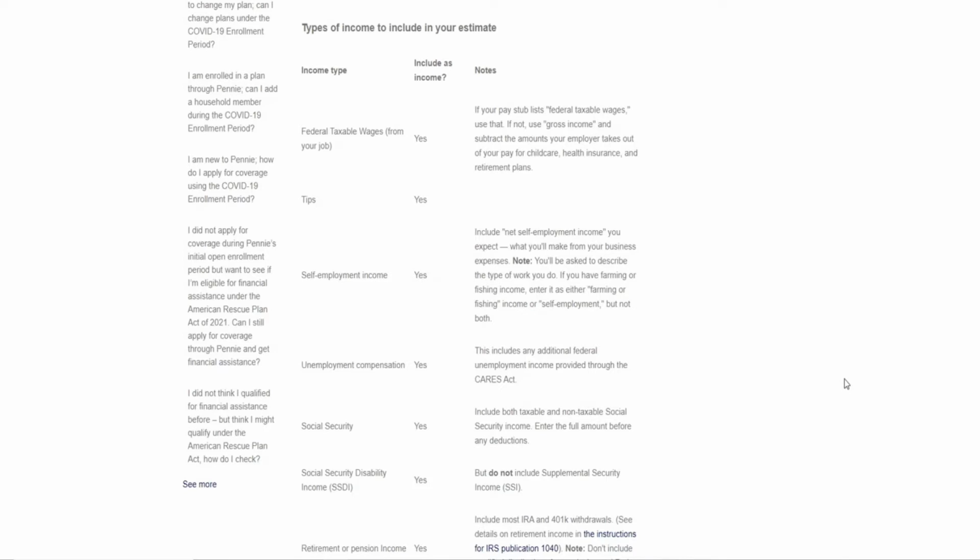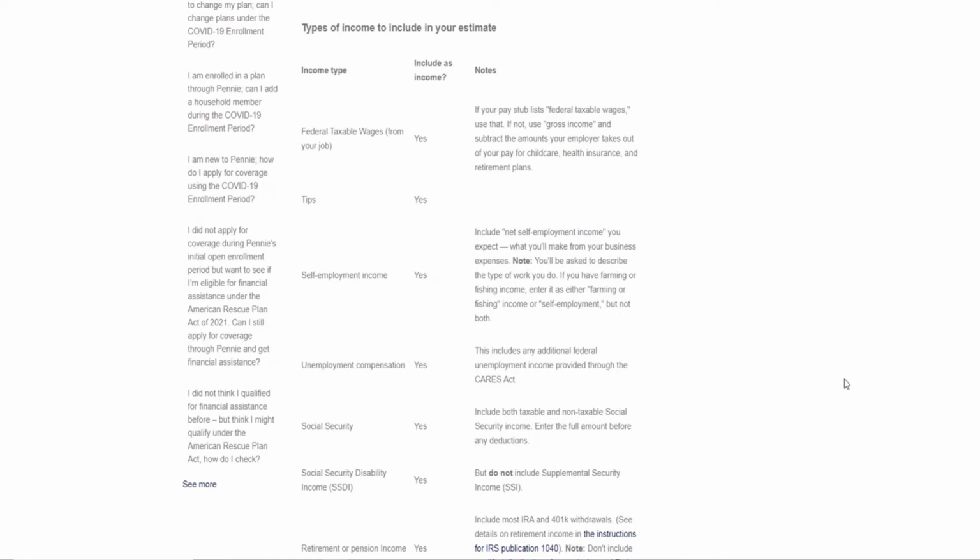Here's a really simple way to look at it, and that is the first topic here is federal taxable wages. Those income sources that you list on your federal income taxes, and those include tips. Self-employment income is also something, your reported self-employment income is something you want to make sure that you list.